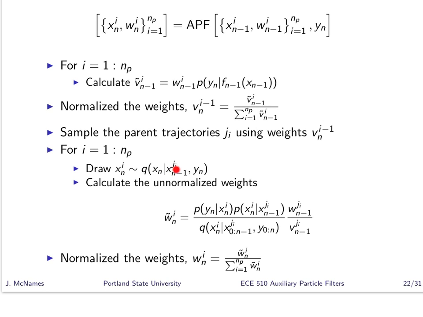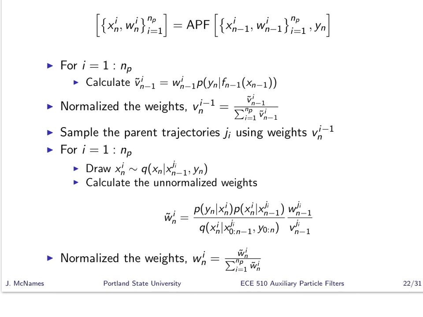So if I had i here, then that would suggest that you're just going forward like we did with the traditional particle filter, where this is going forward from what it was. But the j sub i, the idea is that this is the new parent of the ith particle. So maybe what I probably should have done here is made this a j and made that a j. That probably would have been better.